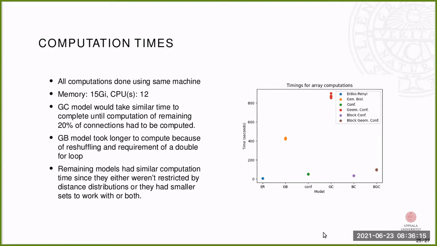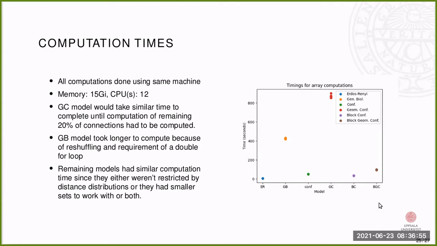This is mostly down to the fact that either they didn't have a geometric constraint, or they were just working on smaller sets, or both, especially in the case of the block configuration model. The geometric configuration model actually took a similar time to these other 3 models until about 80% of all connections were made. It was just that the final 20% of connections that needed to be computed increased the time exponentially.